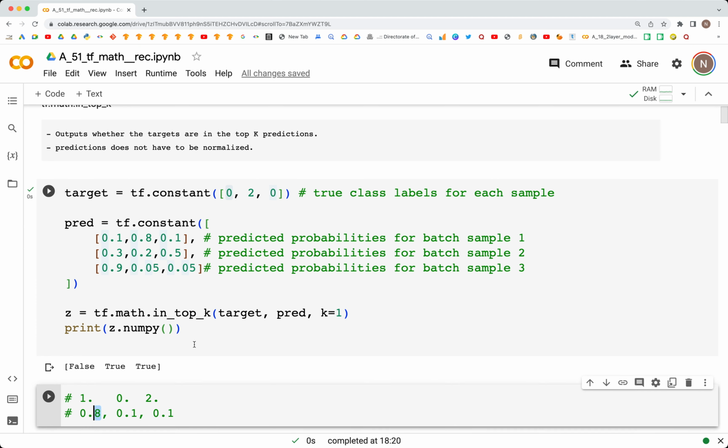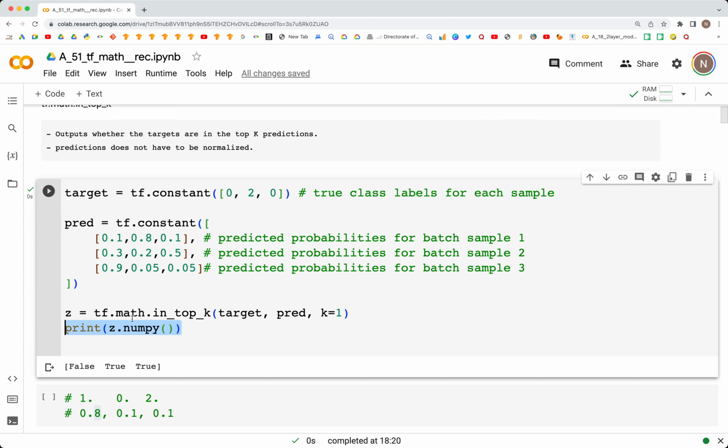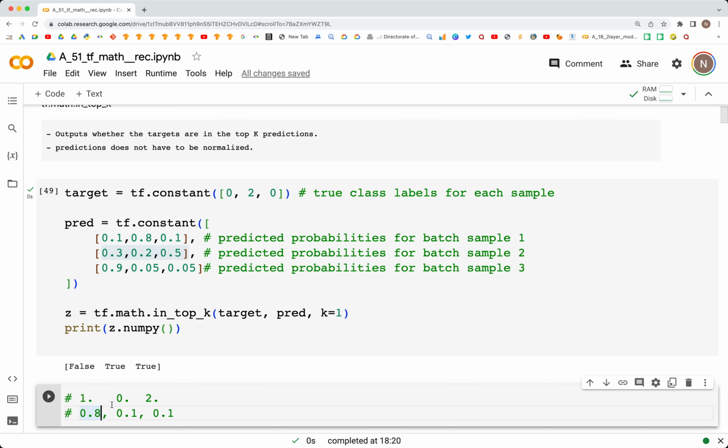Likewise, if we look at the second row, let's look at the values we have. The first value is 0.5, the next value is 0.3, and the last value is 0.2. If we look at the classes, 0.5 belongs to which class?